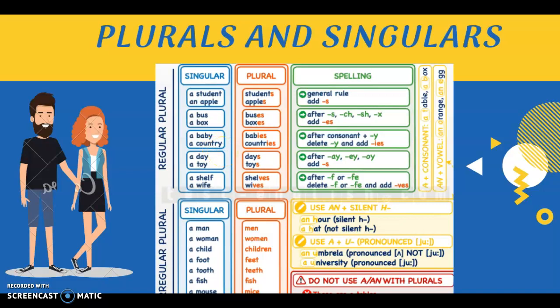Now, when you have a word that ends in y and before the y we have a consonant, you have to change the y for an ies. So baby, singular, babies, plural.